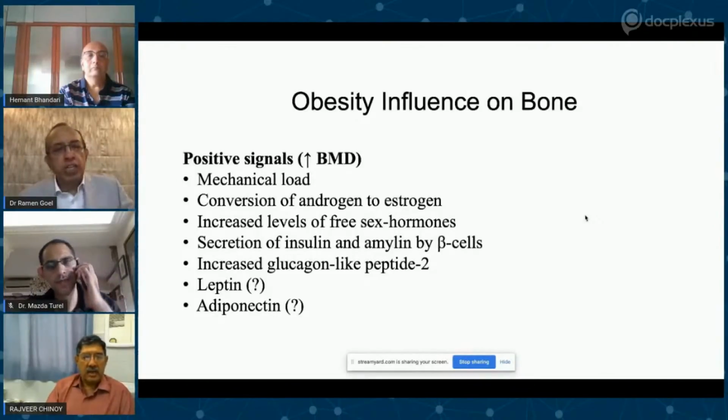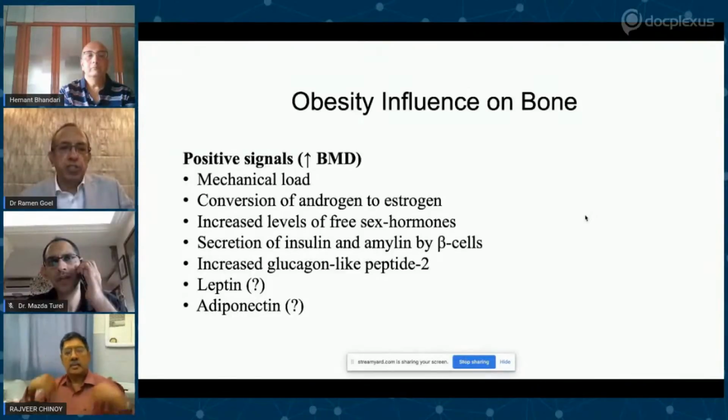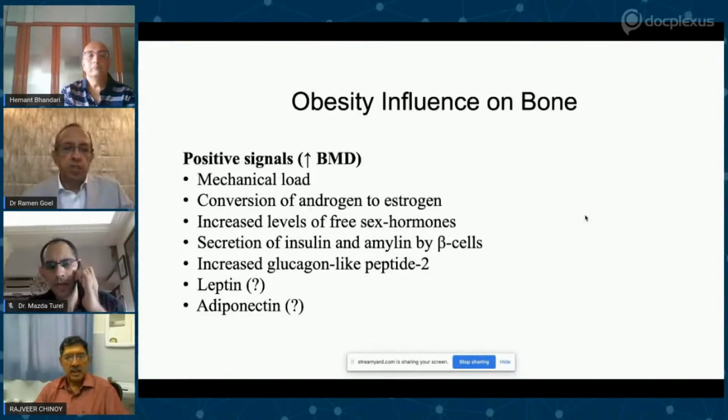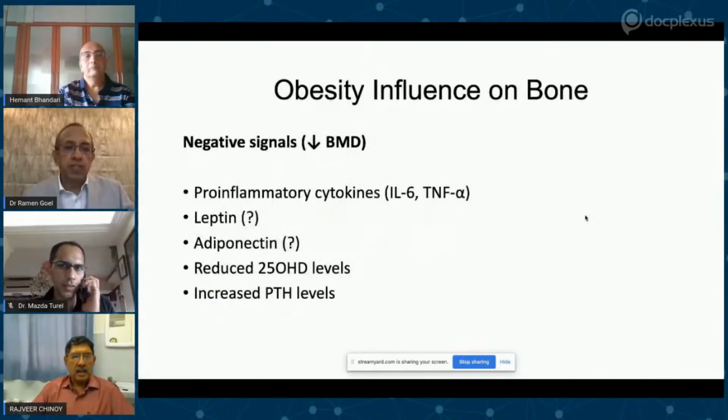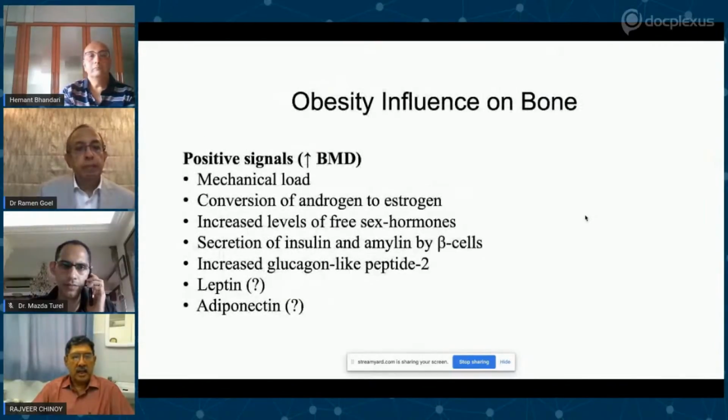So, normally as the slide shows, Dr. Chinoy, when our BMI increases, the bone mineral density increases. So the bone becomes bigger, or bone mineral density increases. So what you are trying to say is that there are positive signals and negative signals. Yes, could you go back to the previous one? That's fine. Yes, because you see, there is a level of mechanical load which is beneficial.